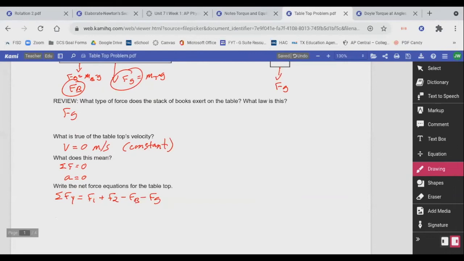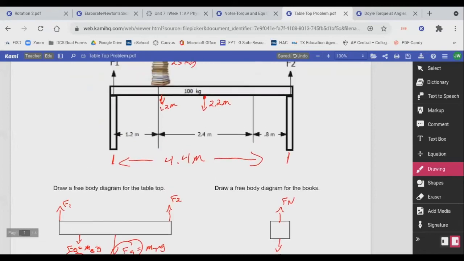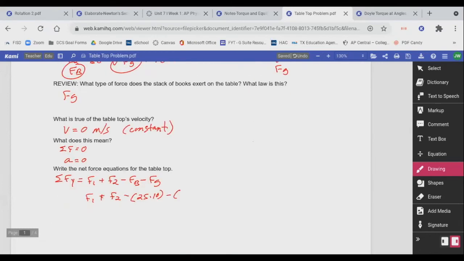If I wanted to put numbers to that as much as I can, I'd say F1 plus F2 minus the force of the books, which would have been 25 times 10, minus the force of the tabletop, which is, what was the mass of the tabletop? 100, okay, sorry, 100 times 10.